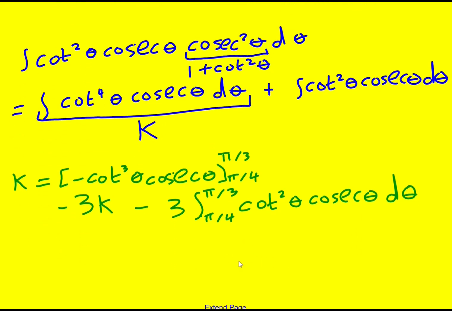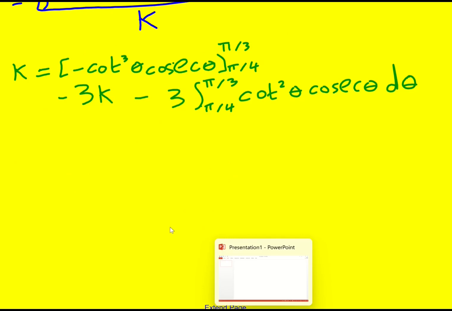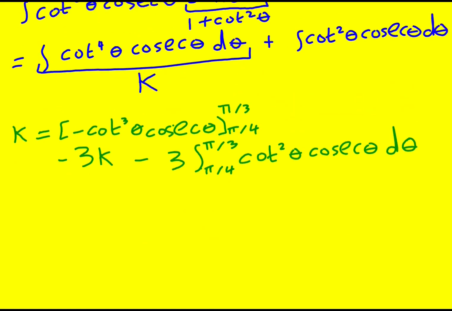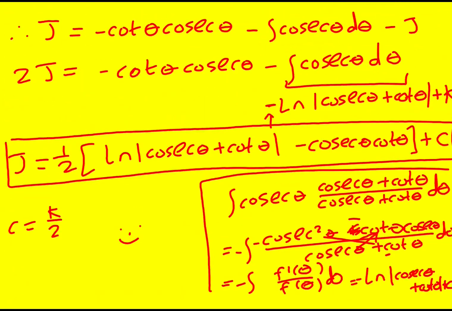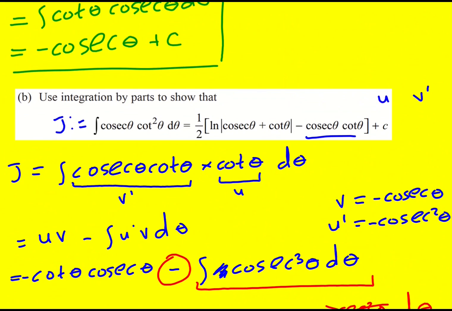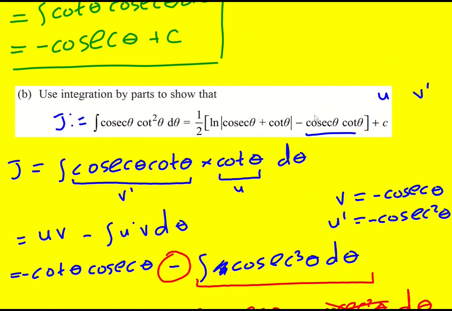Oh, which means, actually there's a couple things that this means, because actually this cot squared cosec theta is in fact what I worked out over here.